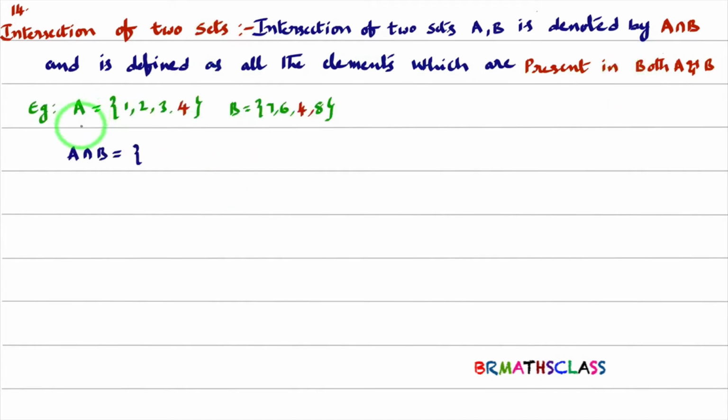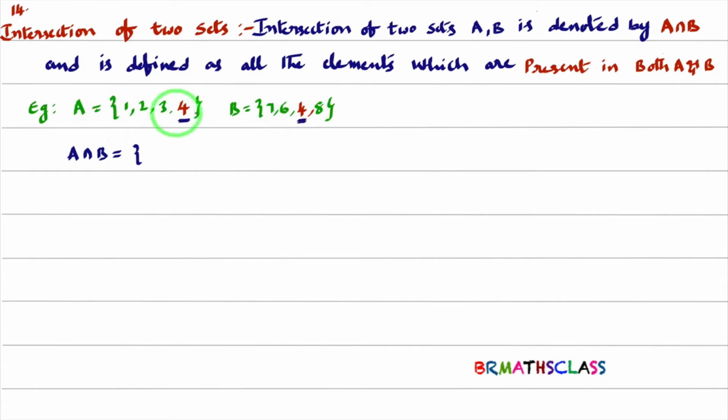Here you observe two sets, A and B. What is A intersection B? How is it defined? All the elements which are present in both A and B. You observe the elements which are present in both A as well as in B. 1 is there in A, but 1 is not in B. 2 is there in A but it is not in B. 3 is there in A but it is not in B. You observe 4 is there in A and 4 is present in B also.